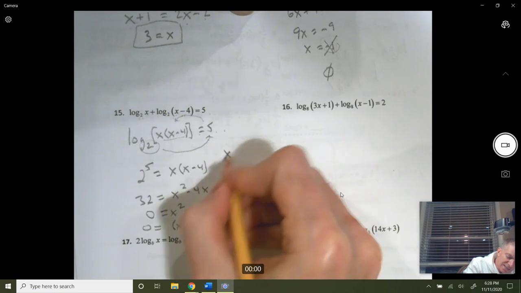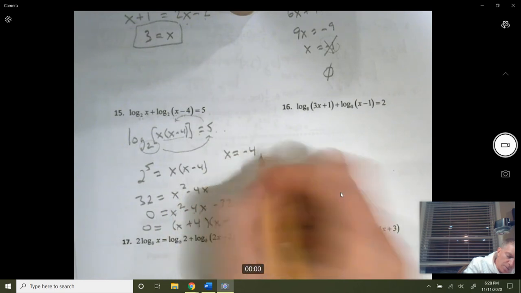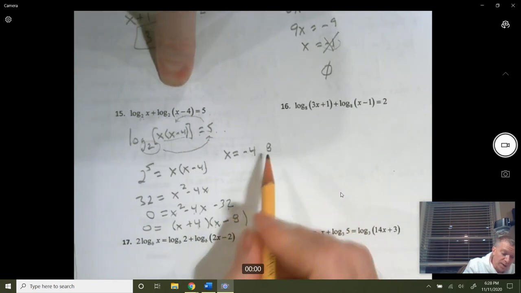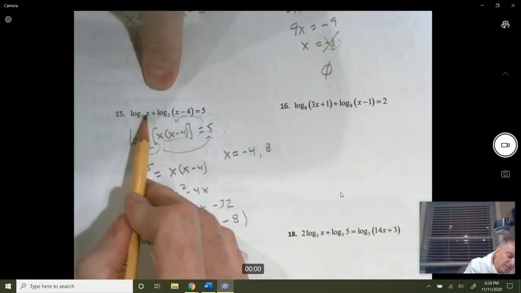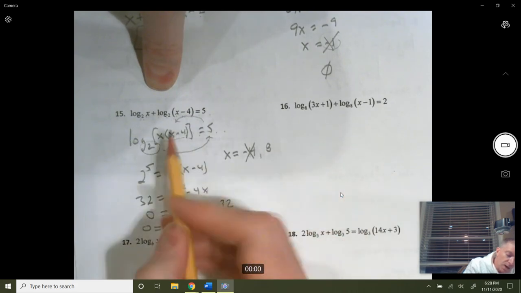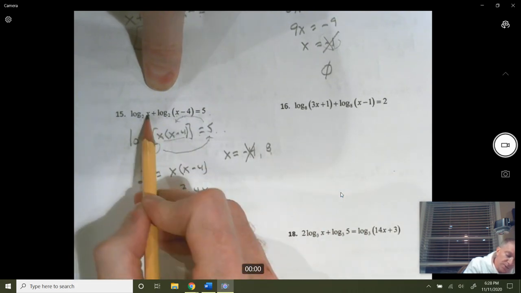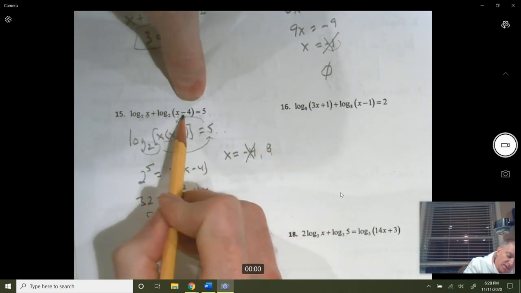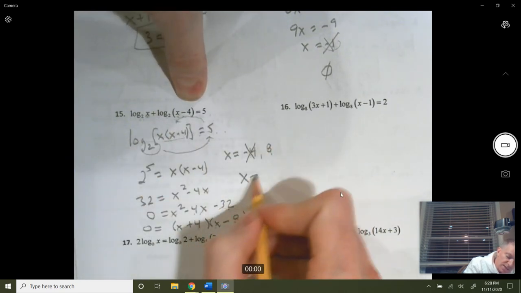So x is either equal to negative 4 or positive 8. Now we have to double check that these work. The negative 4, if we plug it in here, well, that's a problem. Okay, so we can cross that one out. Plug in 8 here. Log base 2 of 8 is fine. 8 here, 8 minus 4 is 4. That's fine. So our answer is x equals 8.